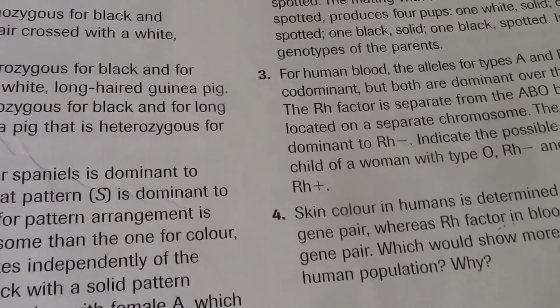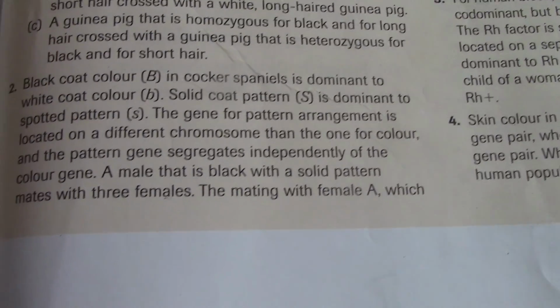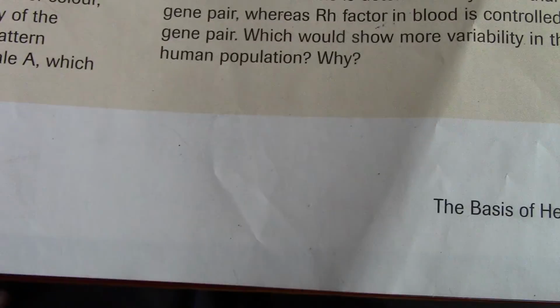So the male is black, so your male here is black, and he has a solid pattern. So he has at least one big B and one big S. And he mates with 3 females.